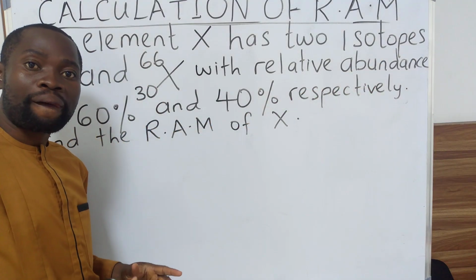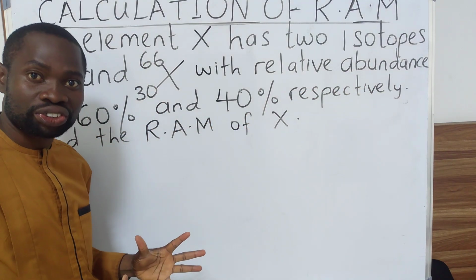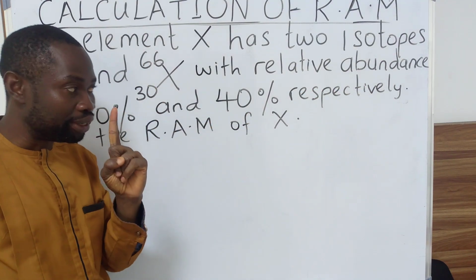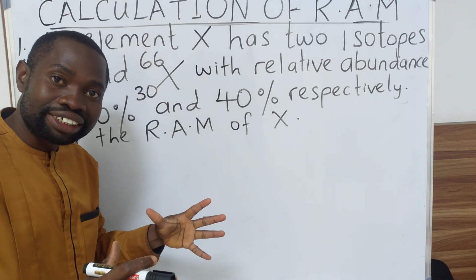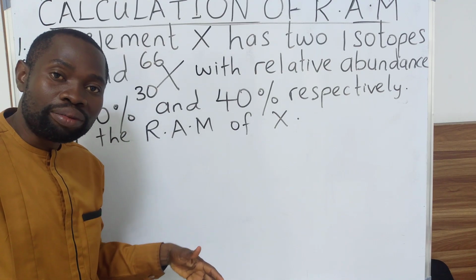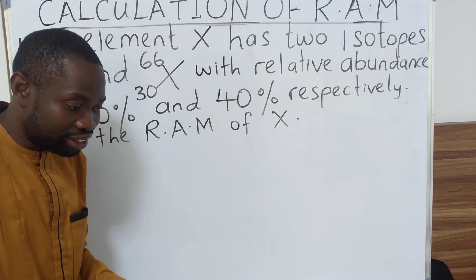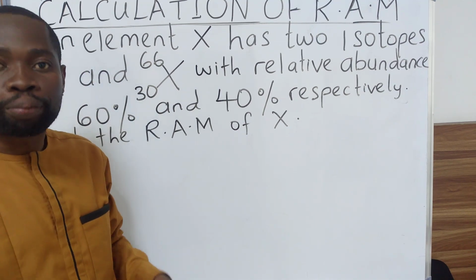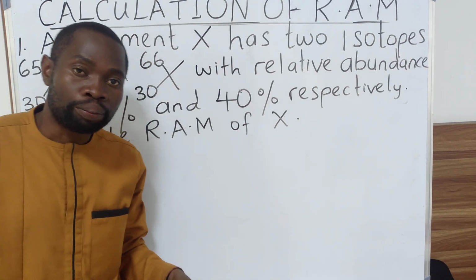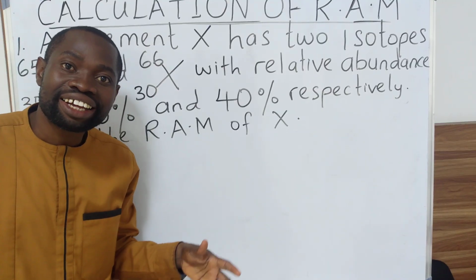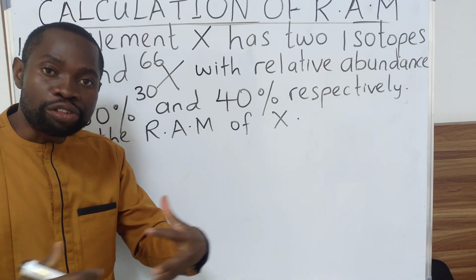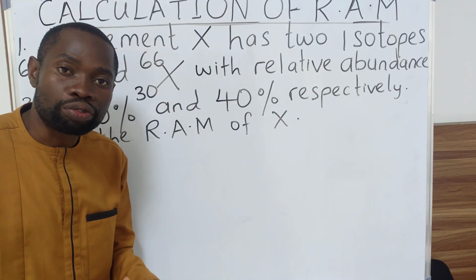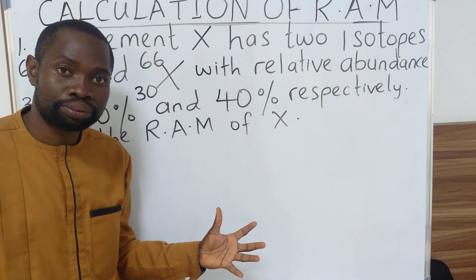Isotopes are atoms of an element with the same atomic number, the same number of protons, but different mass numbers due to a different number of neutrons.